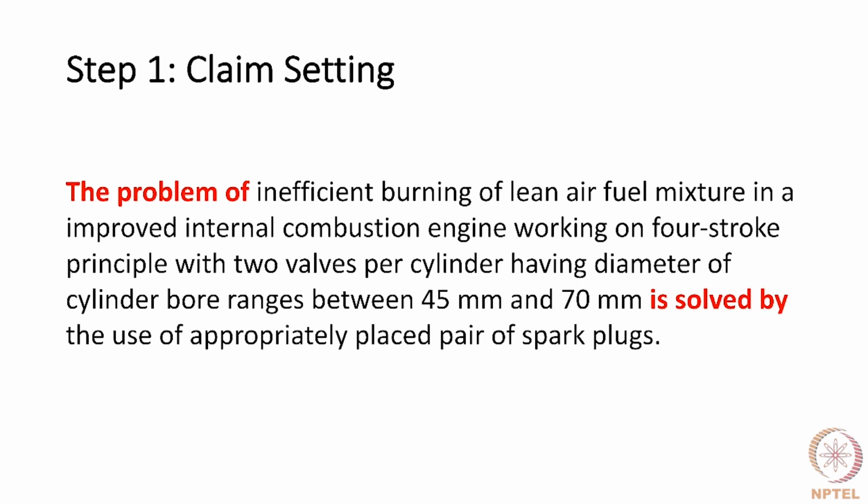Now, as I said, we can't get into too much of the merits, but for you to understand the problem and the solution, it is solved by the use of 2 spark plugs. Now, the claim setting in this case will be the improved internal combustion engine on 4-stroke. Now, this is the claim setting. Where is the problem happening? That's what you understand by the claim setting, because you need to incorporate the problem as it happens in a part of a machine, or in this case it is a part of a 2-wheeler motorcycle.